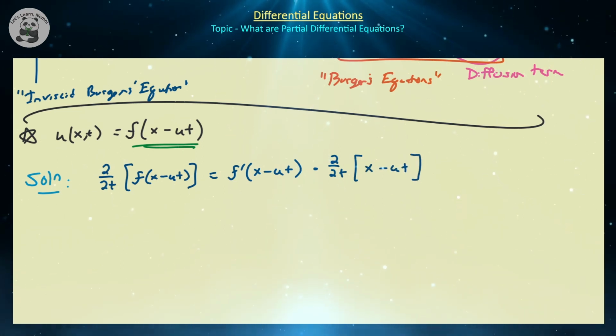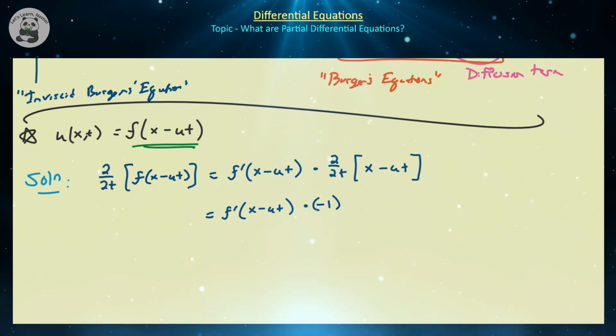So keep in mind, x is a variable, t is a variable, and u is a function of both x and t. So as far as t is concerned, x is just a constant. So the partial derivative with respect to t of x is just 0. So what we're going to have is the derivative of the outside, again, times, and then we're going to have that minus 1 sort of chilling in the front. And then we need to do some product rule in that term.